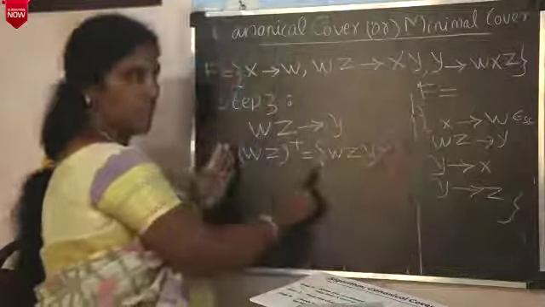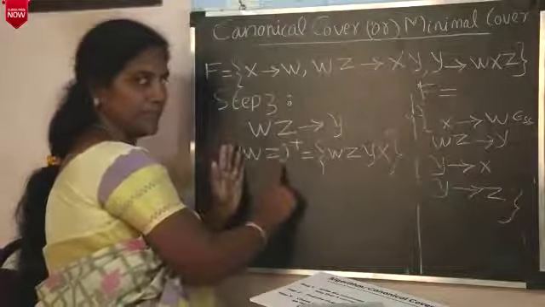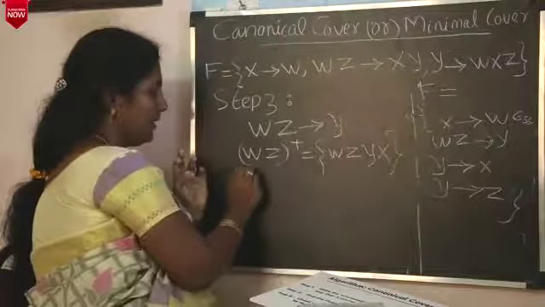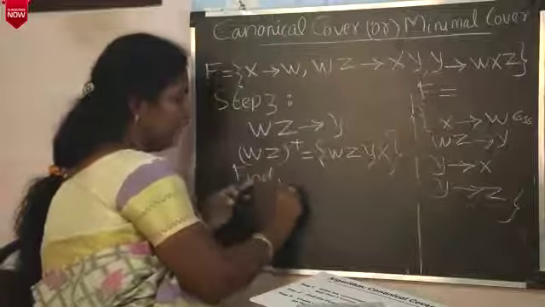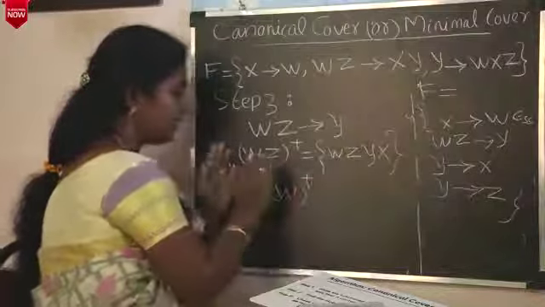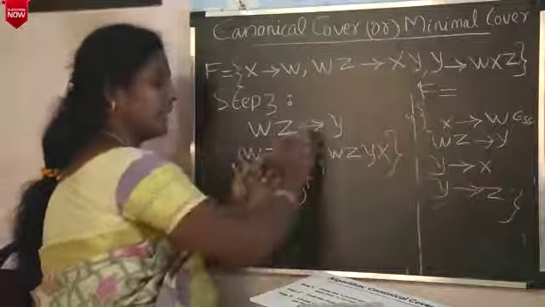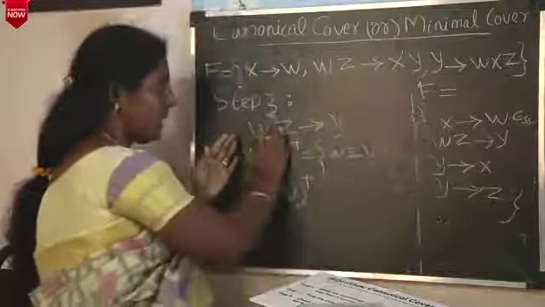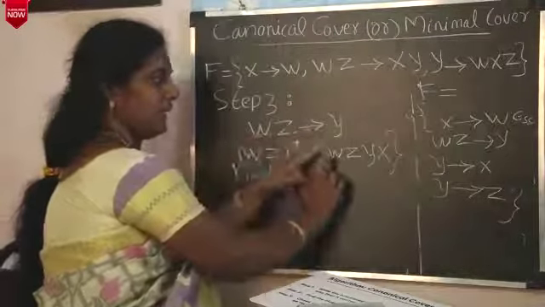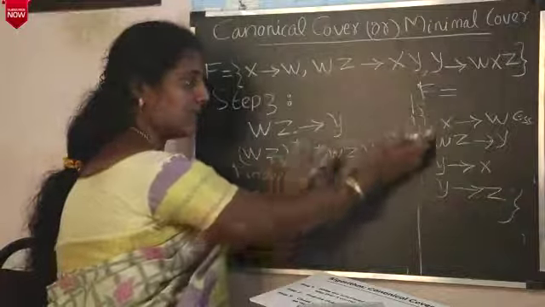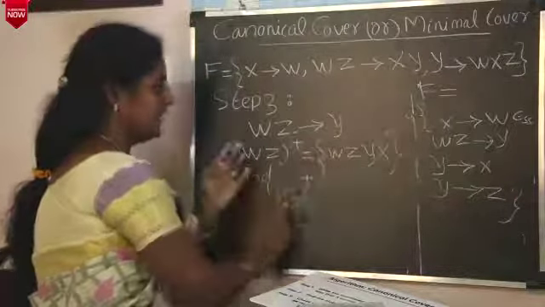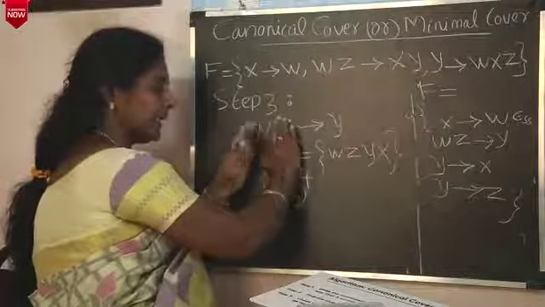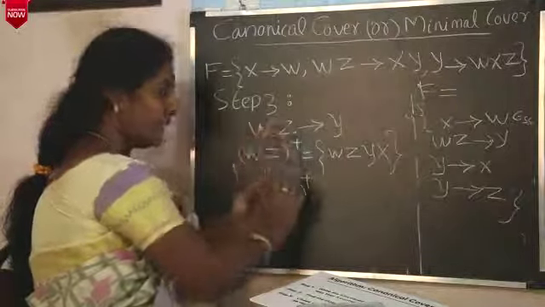So this is the closure of wz. Now what we need to do? Find w closure. We need to check whether we need both attributes combined in this functional dependency in the final set, or whether any one attribute is enough to get the closure. Whether w alone is enough or z alone is enough, that needs to be checked.